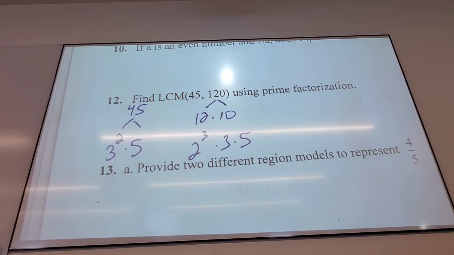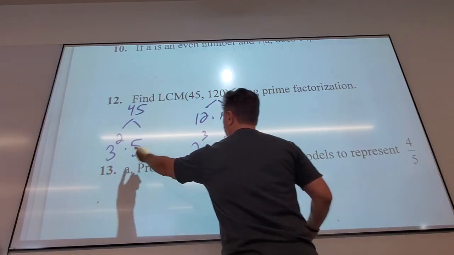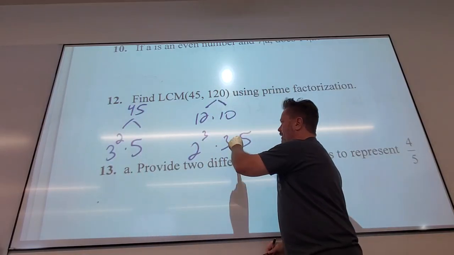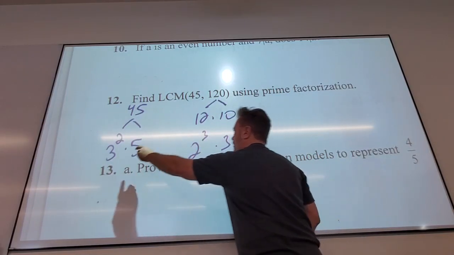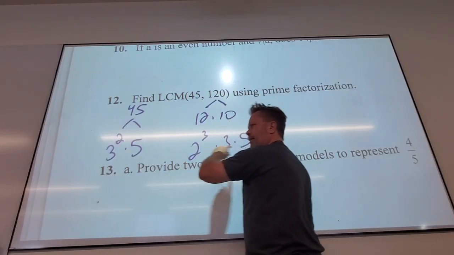So what I do is take the biggest power on each factorization. What's the biggest power on my 3 between these two? The 2. That relates to, if I gave him one more 3, that part would match. They already both have a 5, correct?